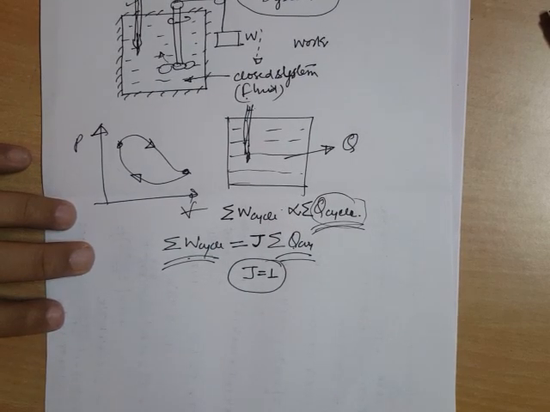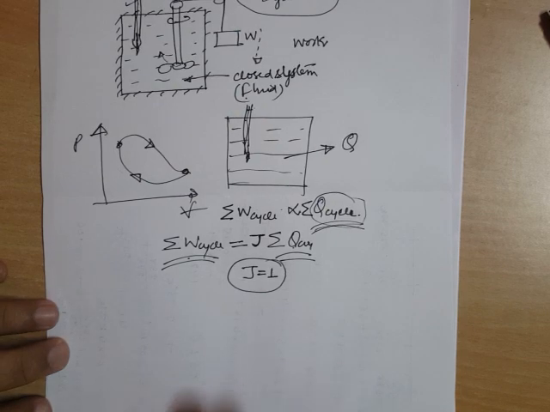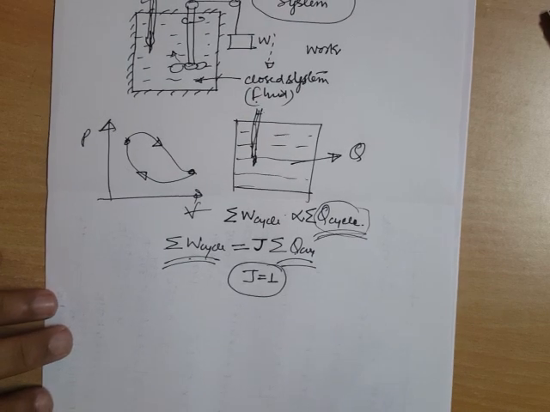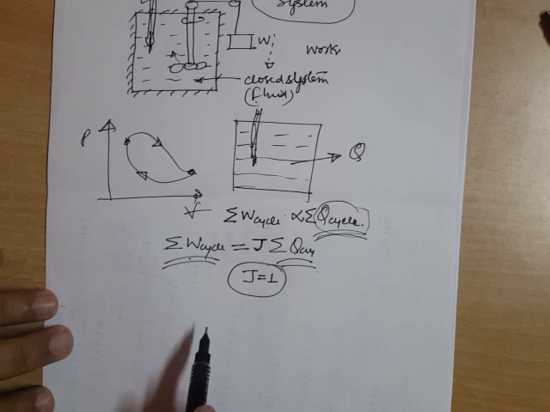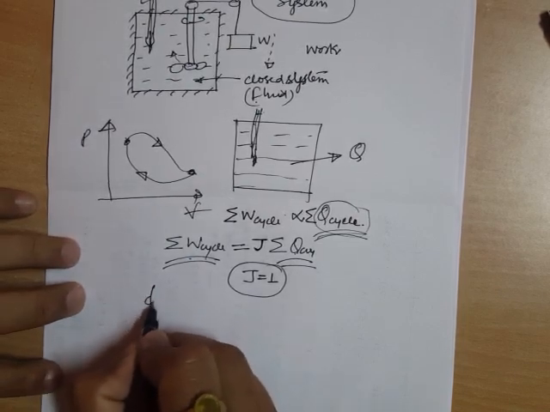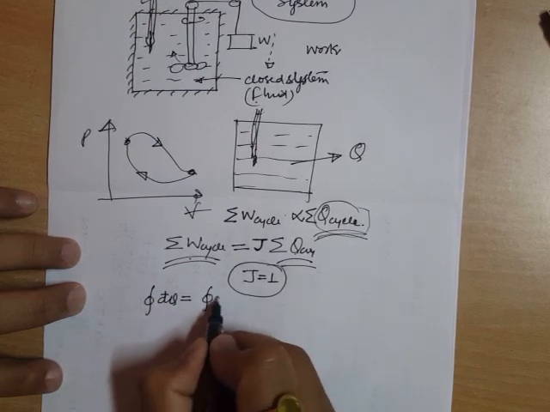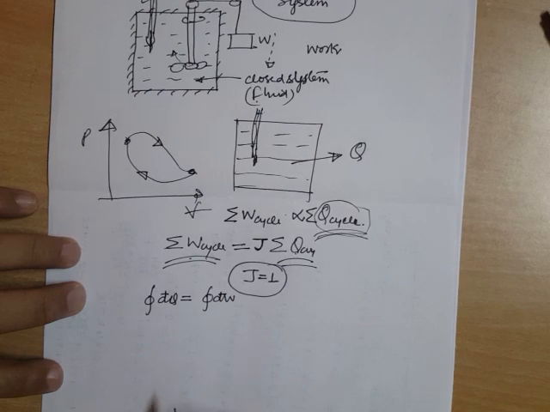So this is the general law of nature, which we know as the first law. We look at this law these days as: the net amount of heat transferred in a cycle is equal to the net amount of work done in that particular cycle.